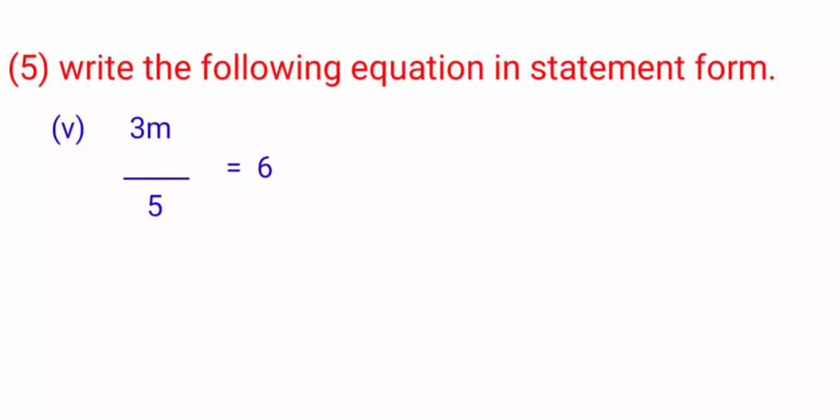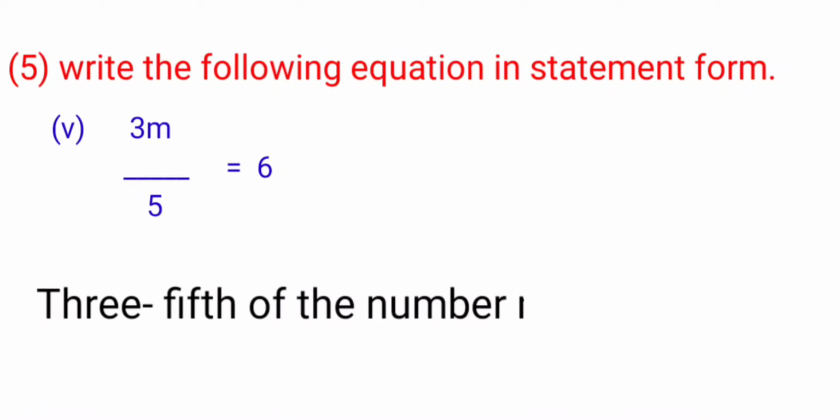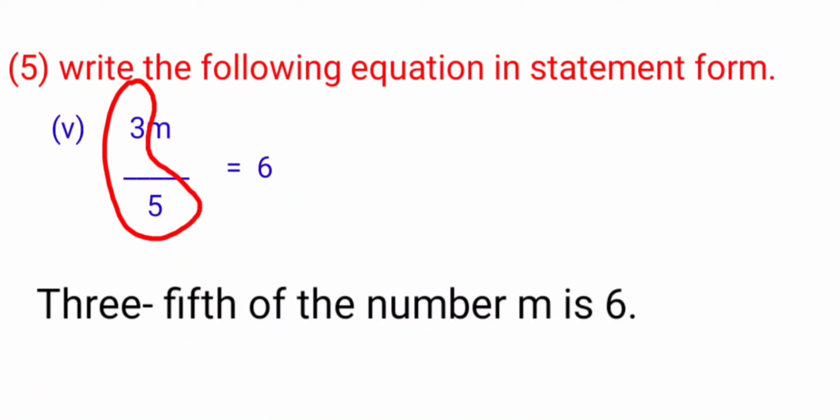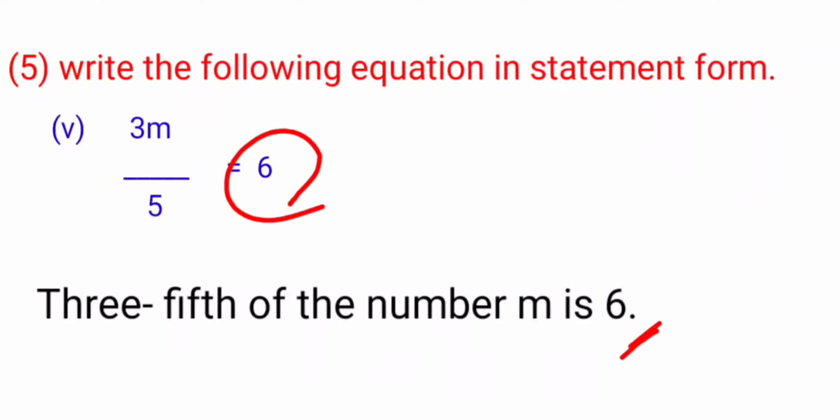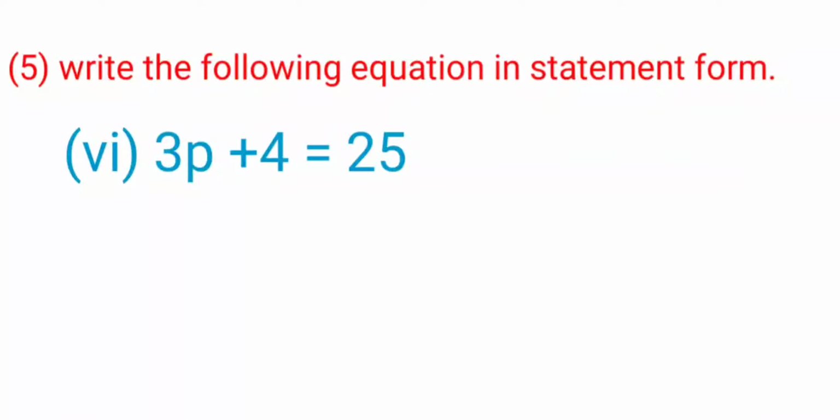Next, 3m divided by 5 is equal to 6. 3/5 of the number m is 6. Okay, 3 by 5, you can write 3/5 of the number m is 6.